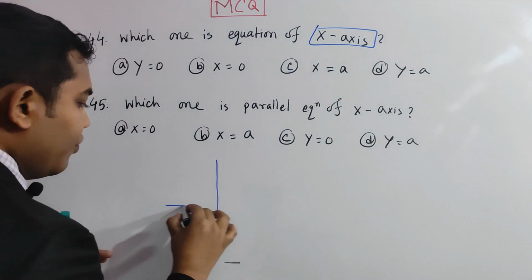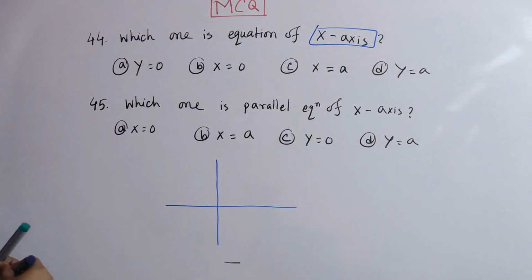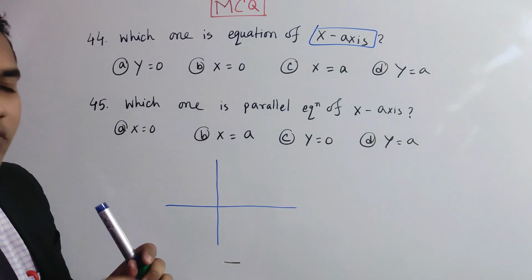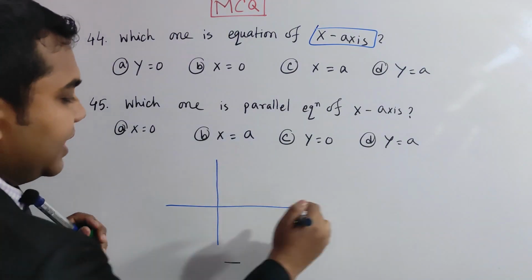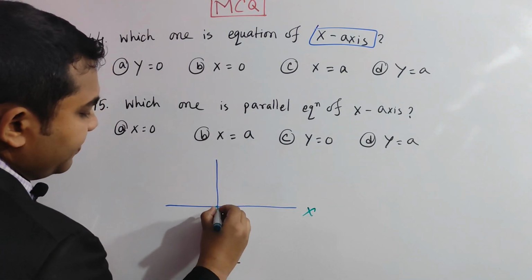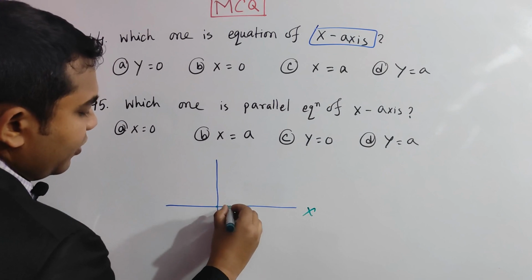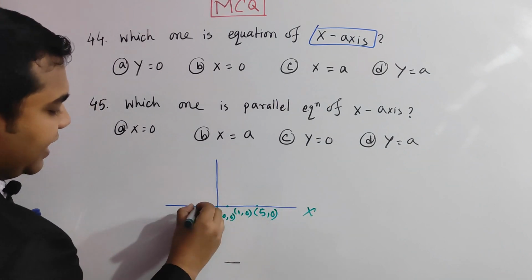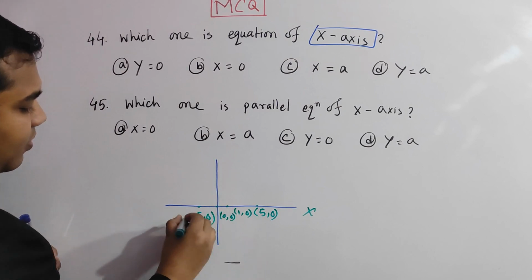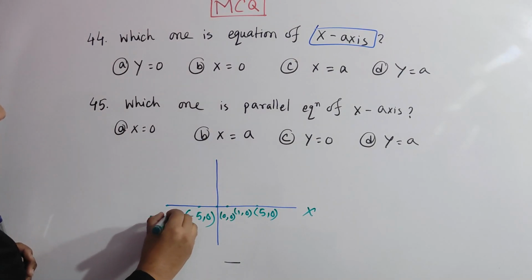Okay, we know this is our x-axis and this is our y-axis. Just we are trying to focus on some points. If we are thinking on the x-axis, then the point can be 0 0, 1 0, 5 0, minus 5 0, minus 11 0.